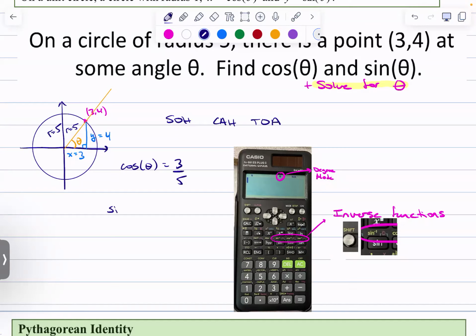And the sine of theta, since we've got our triangle mapped out, it's easy enough, is the opposite over the hypotenuse, which is 4/5.